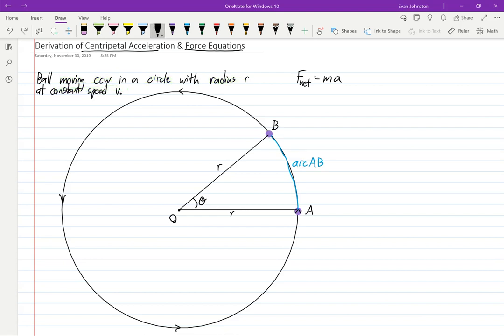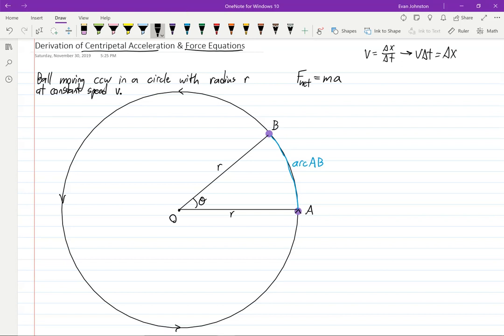If the distance is this arc, we can take a little note on the side here. You don't need to write this. We know that velocity is the change in distance over the change in time, but our distance is the arc here, so we can rewrite this so that velocity times the change in time is the change in distance.